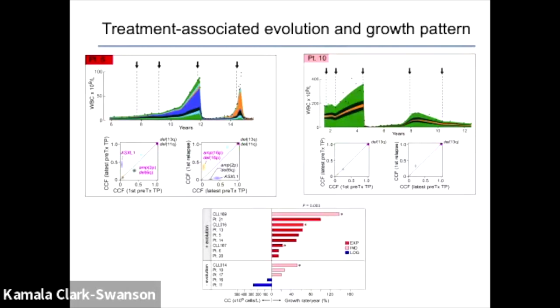This makes me think that there's potentially something that is causing logistically growing CLLs to be more evolutionarily constrained. So that's an interesting avenue to potentially explore further.